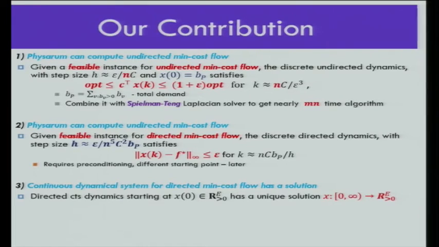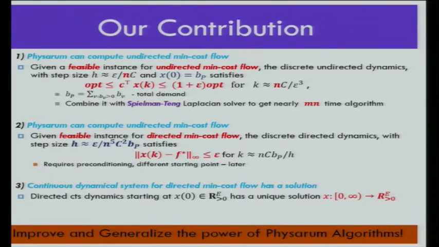And finally, for people who really care about continuous dynamical systems, we can also prove the missing link in the paper of Ito that there is actually a solution for that continuous dynamical system. So this implies that even the continuous dynamics converge.